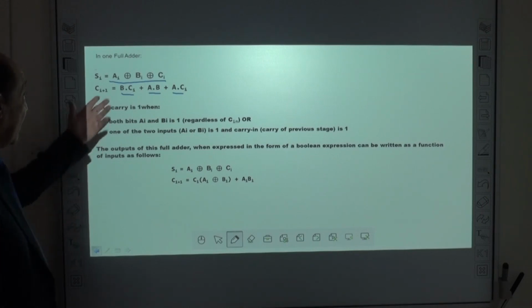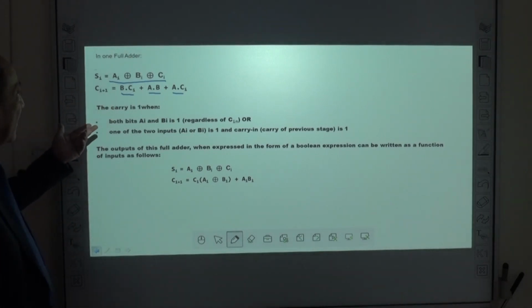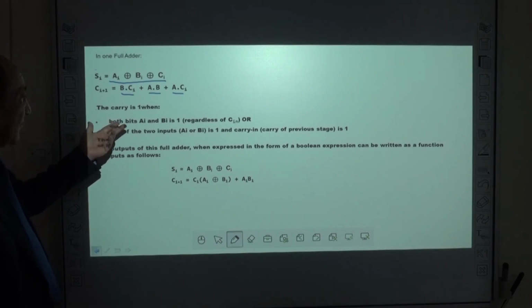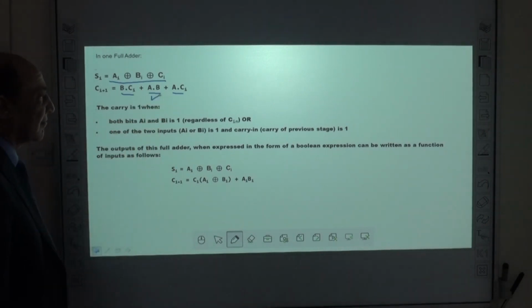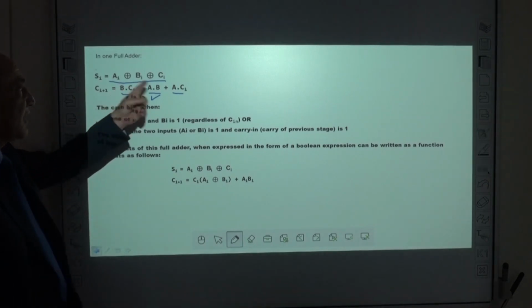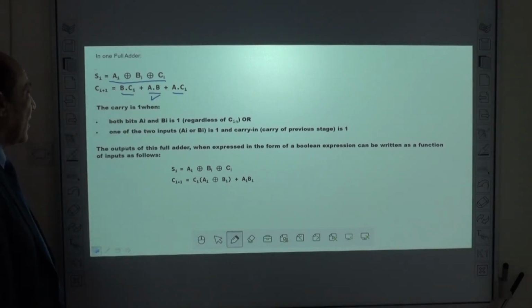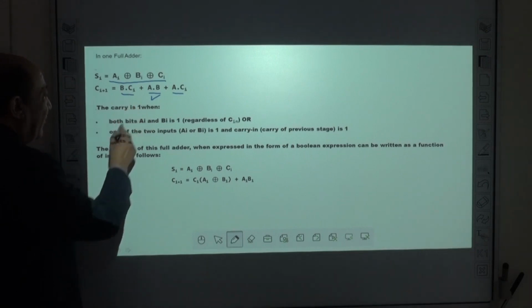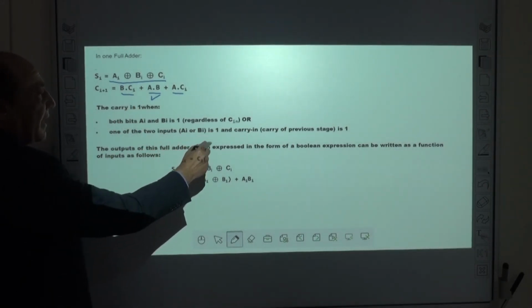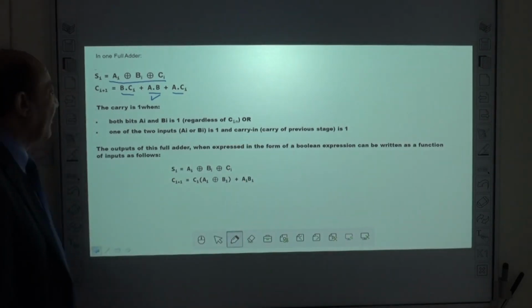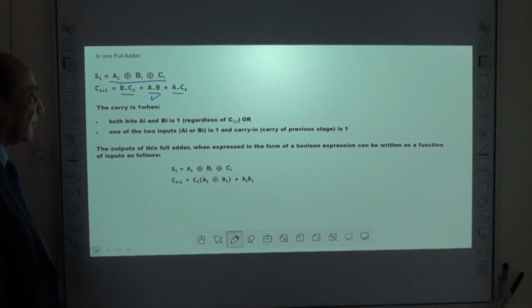The carry is 1 if both bits Ai and Bi are 1. This is the case regardless of Ci. Or if we have one of the two inputs, Ai or Bi, equal to 1, and the carry in of the previous stage is 1.